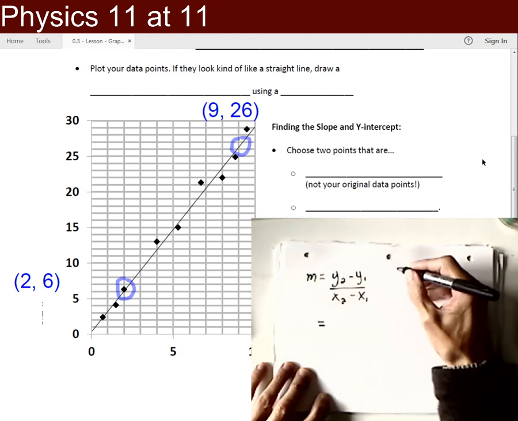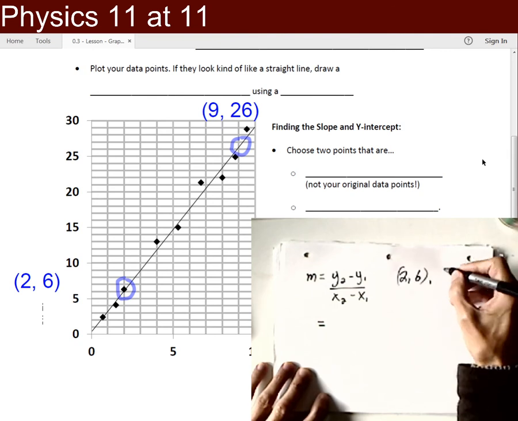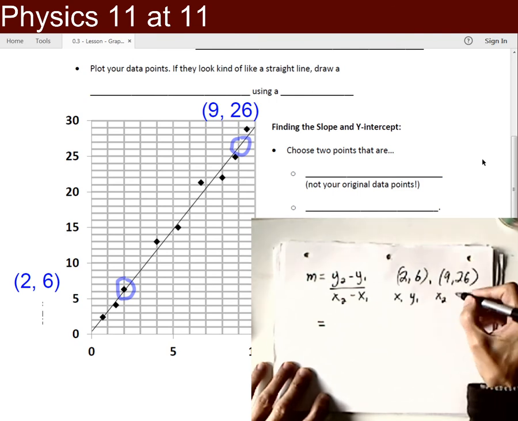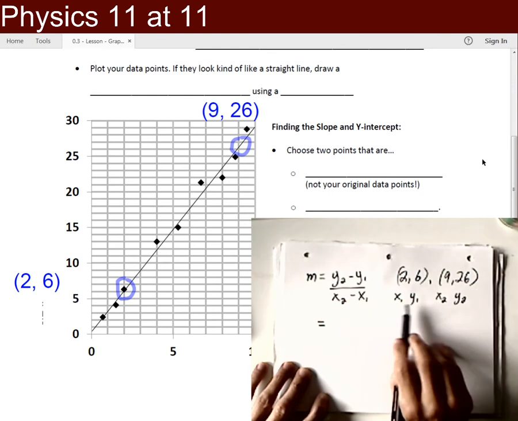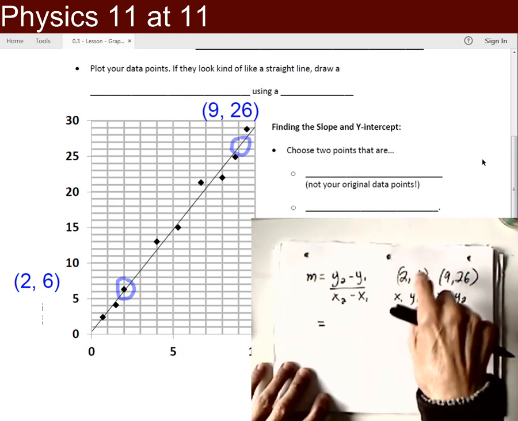We have 2, 6, and we have 9 and 26. So no real order. You can switch these around if you want. x1, y1 goes in the first point, x2, y2. If you want to reverse those and have this point as x2 and y2 and that as x1 and y1, you can. It won't matter.